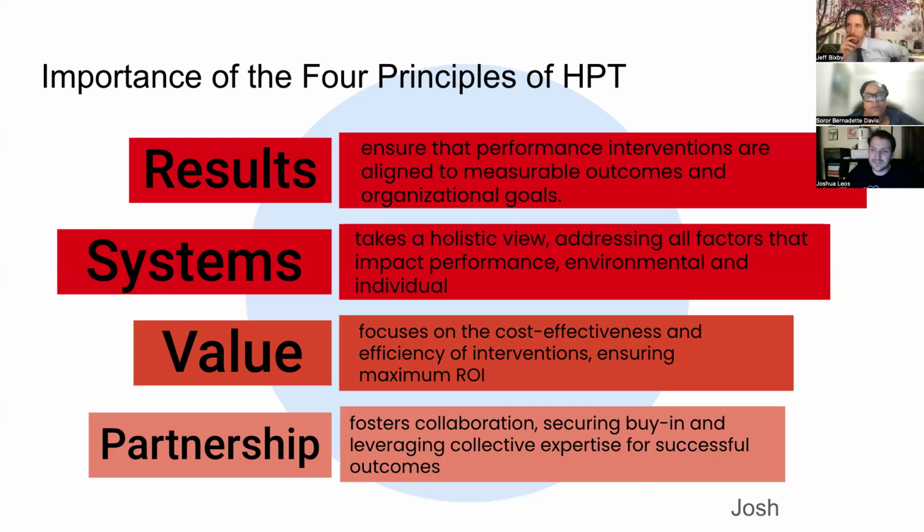And then systems is the next one, that systematic approach. It's kind of like what Bernadette was saying earlier. We're addressing a whole bunch of different factors within any specific situation. We're looking at specific individual performance. We're looking at environmental factors, like is the room just too cold? People don't want to get up. It's cold.